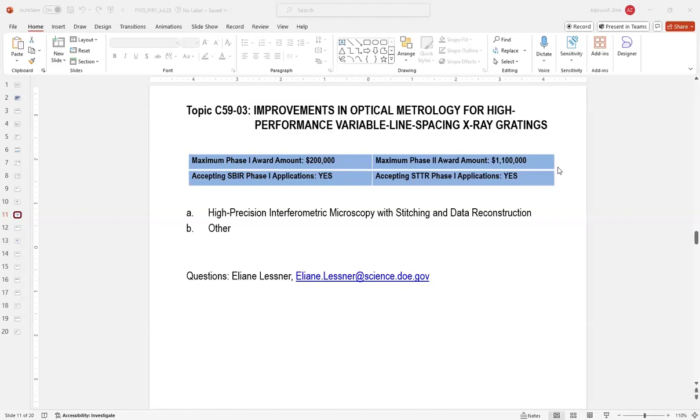BES also plans, constructs, and operates premier scientific user facilities, including X-ray and neutron sources and the nanoscale science research centers, or NSRCs. There are 5 X-ray sources, 2 neutron sources, and 5 NSRCs. For more information, you can click the link in the topics file.